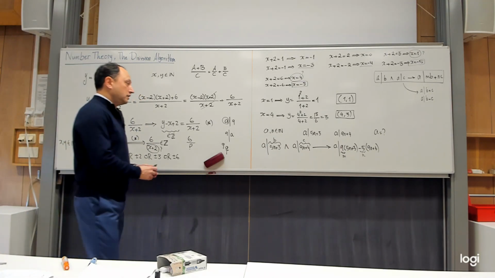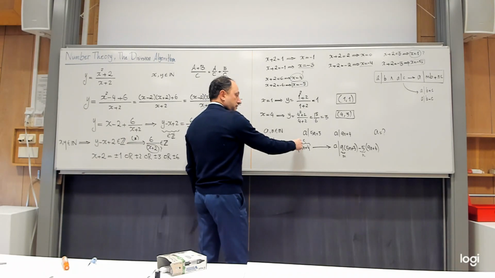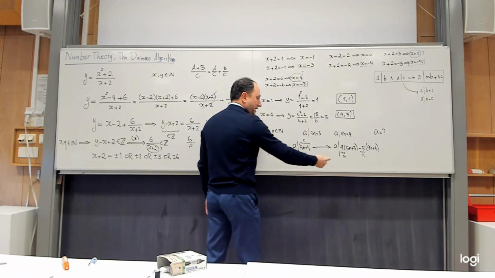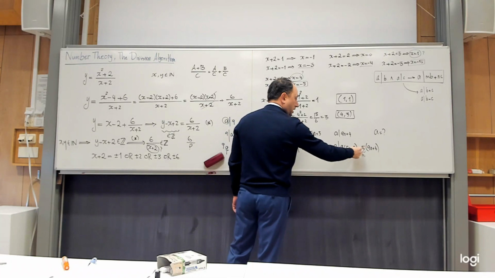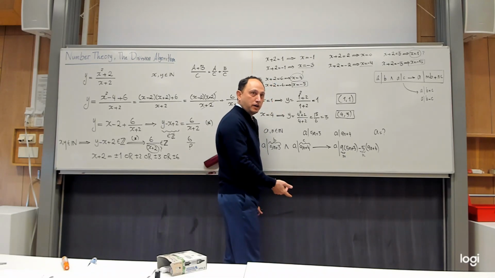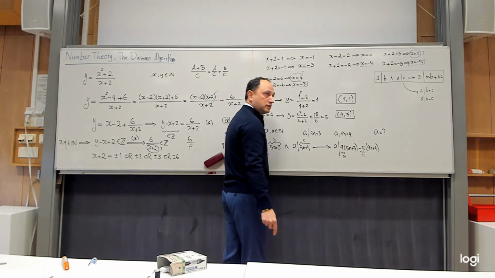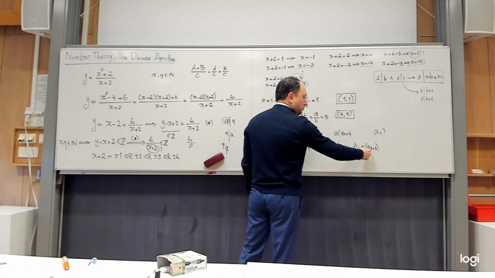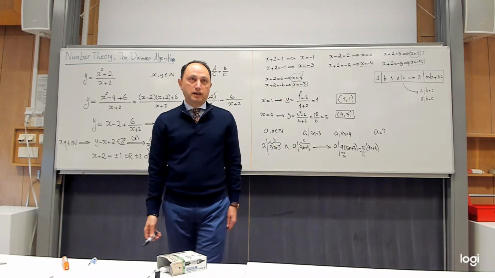So what I have done, I know A divides B, I know A divides C, and I have chosen myself m to be 9, n to be minus 5. And the reason is clear. Why have I chosen this pair? Because when I multiply 9 in, it becomes 45n. When I multiply this in, it becomes minus 45n. And I told you that my goal is to get rid of n.